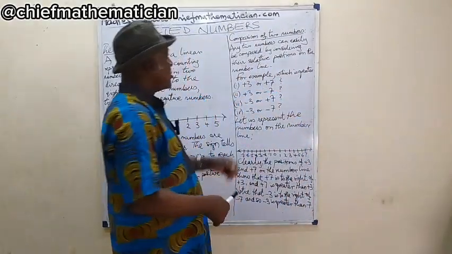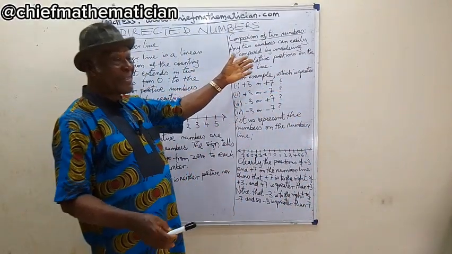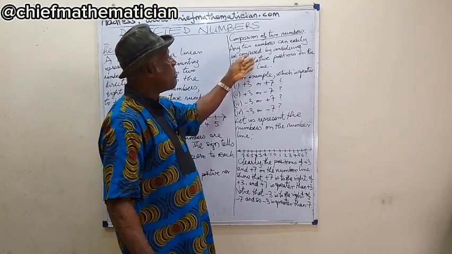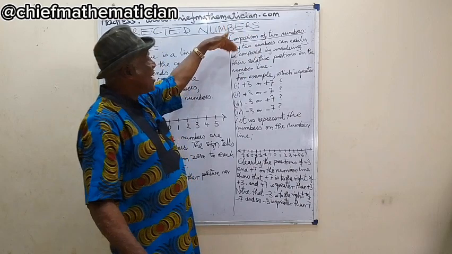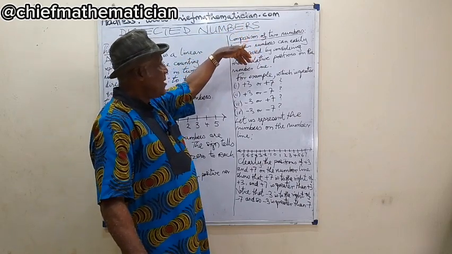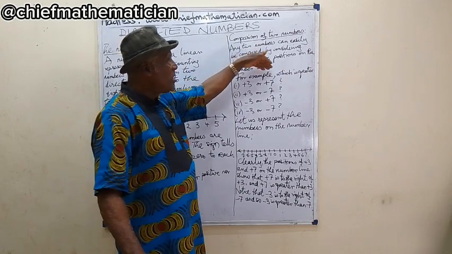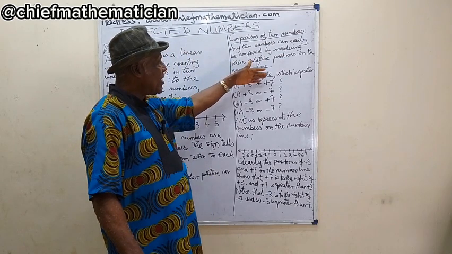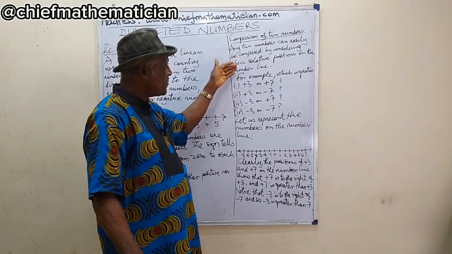Now, let us look at the comparison of two numbers. Any two numbers can easily be compared by considering their relative positions on the number line. For example, which is greater, plus 3 or plus 7?